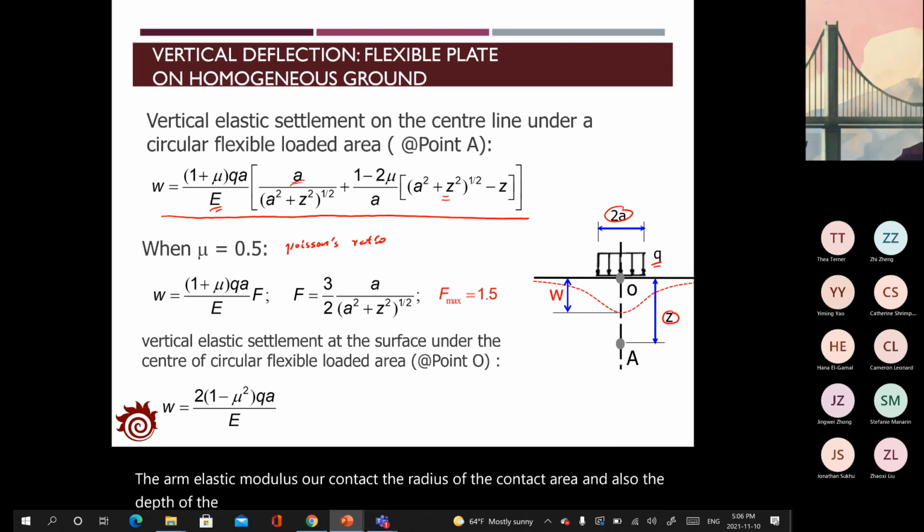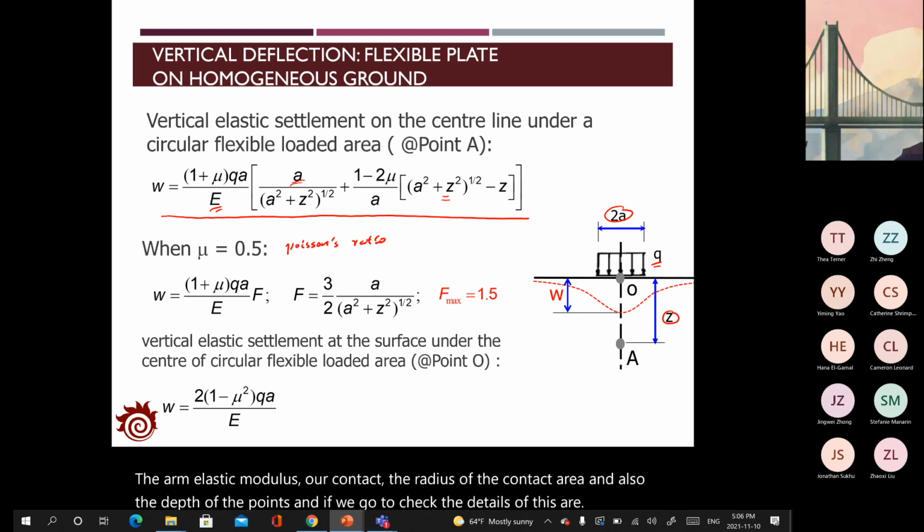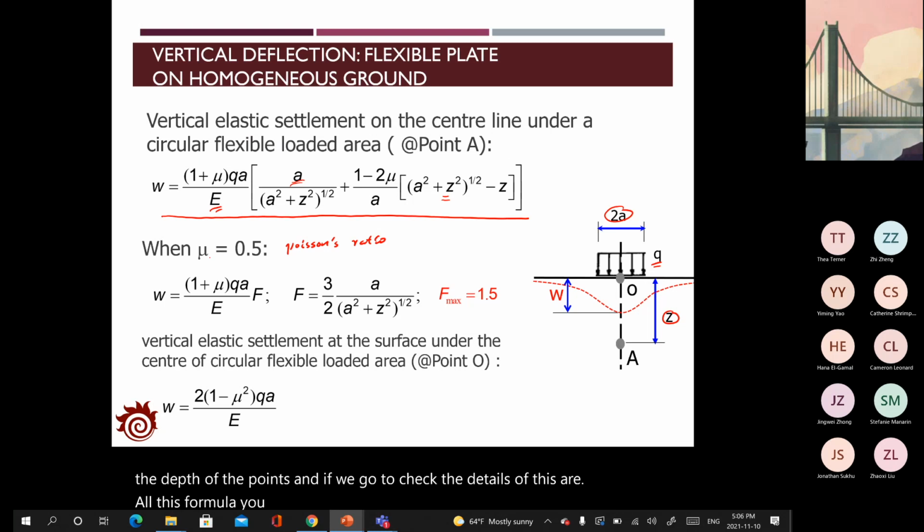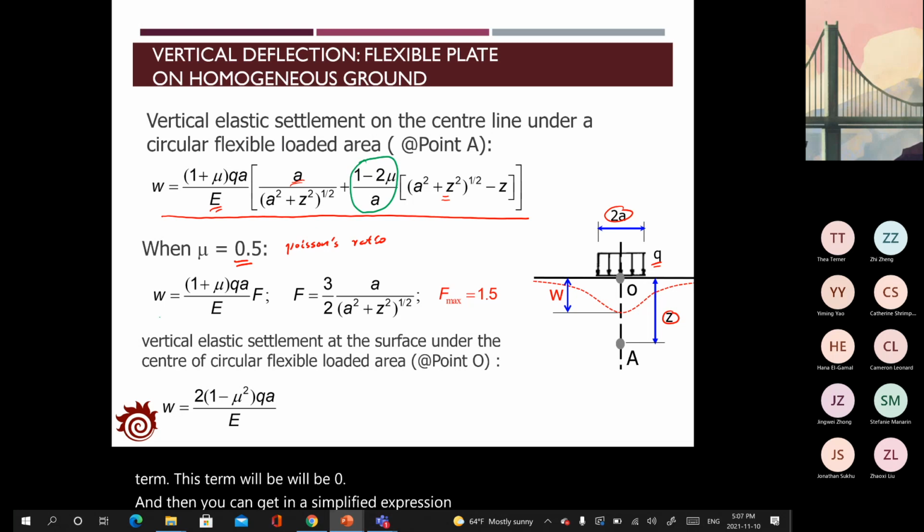And if we check the details of this formula, you can see that if mu equals 0.5, the Poisson's ratio is 0.5, this term will be 0. And then you can get a simplified expression for the vertical deflection.